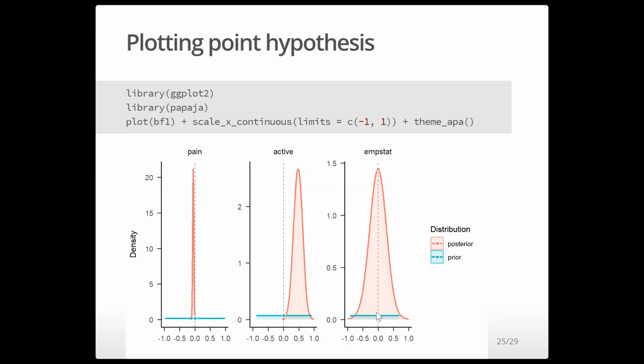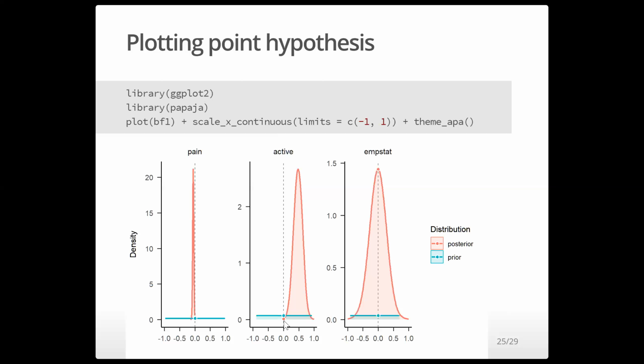So we're saying that we've gained a lot of confidence that MStat is 0, or that it's more likely to be 0 than what we thought in our prior. And since our prior was flat, this is evidence that MStat is 0. On the other hand, for active, the prior was higher at 0 than the posterior.